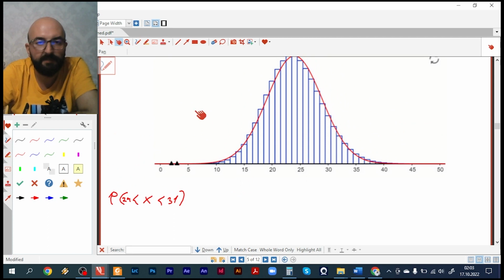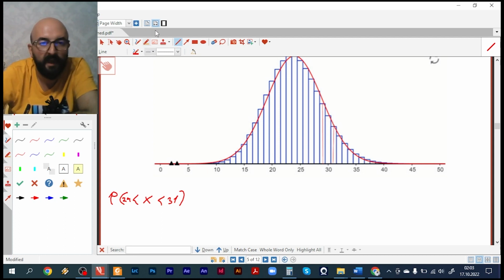Firstly, please notice that 29 is this point, the middle of this rectangle, and 31 is this point, the middle of this rectangle.